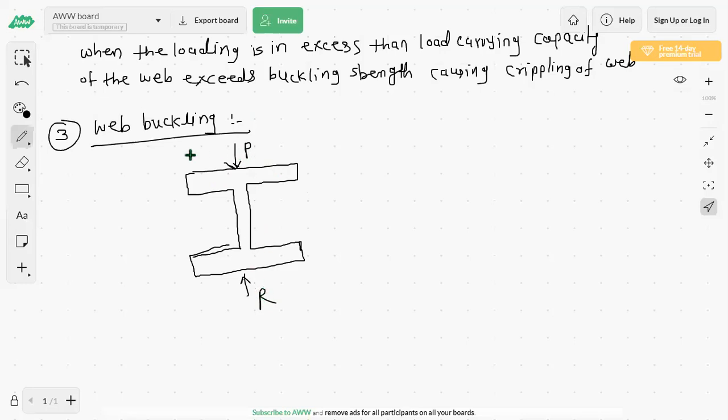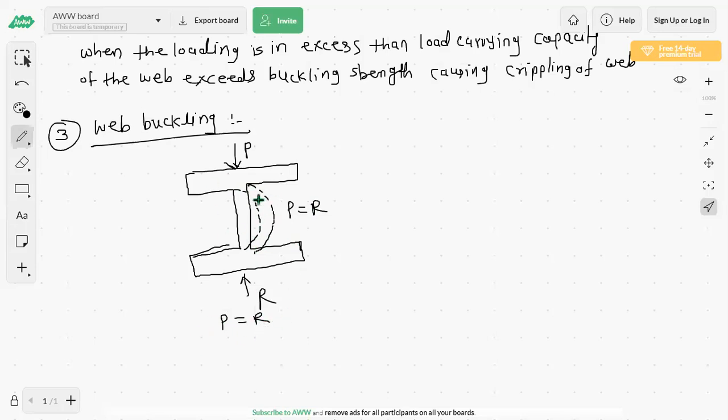Now in the case of web buckling, when web buckling will happen, the applied force P and the reaction both will be the same. Applied force and reaction both will be the same, then web buckling will be there. In this way, P is equal to R. Applied force is equal to reaction.